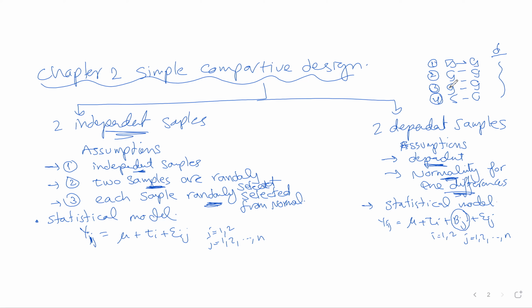You can put the assumptions in one statement: epsilon ij follows a normal distribution with mean 0 and constant variance sigma square, or you can make it sigma i square. It depends on one more assumption, which is equal variances, because we cover two cases.